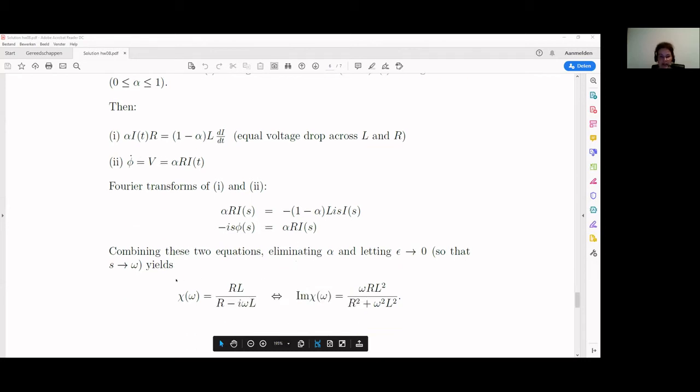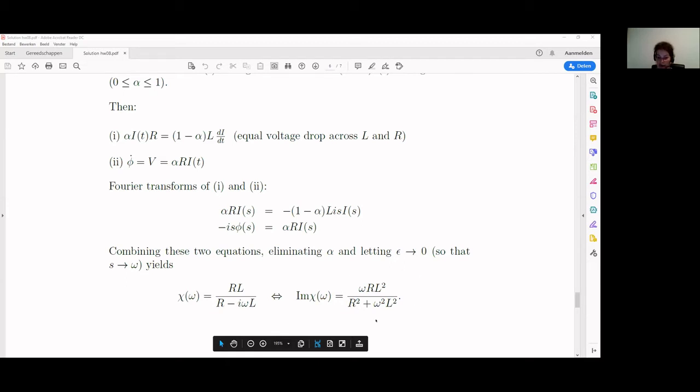And then I actually find frequency-dependent expressions. And if I do this, I end up with this response function taken from the previous part. I substitute my results from here in there, and then I find that chi is RL over R minus i omega L. Taking again the imaginary part that we were interested in, we end up with an expression like this.